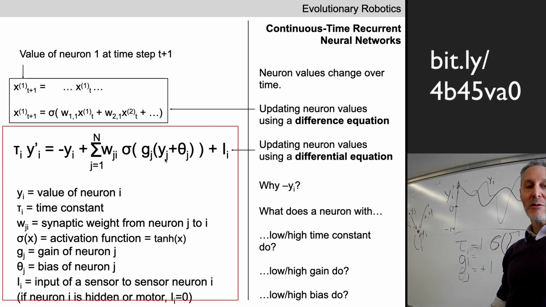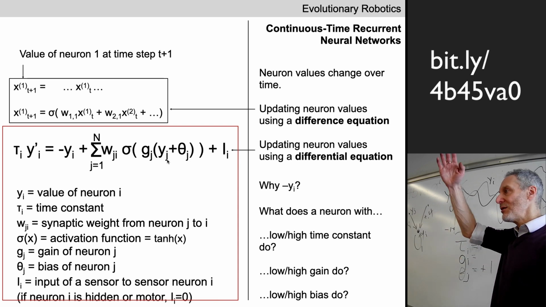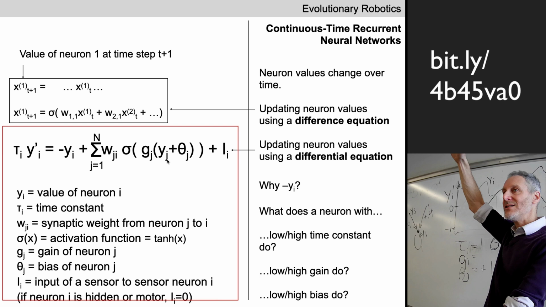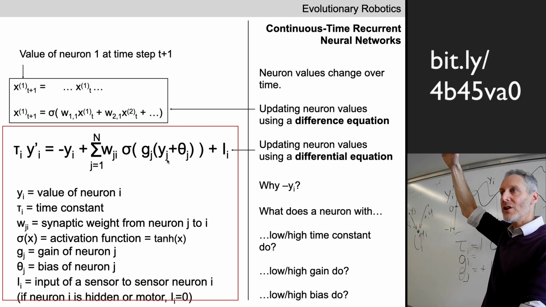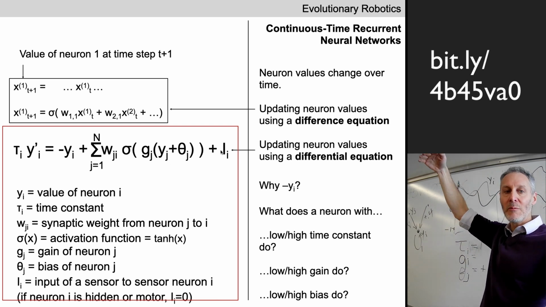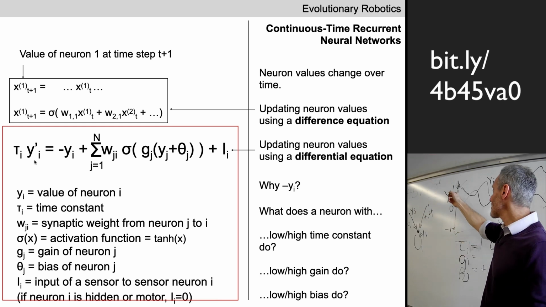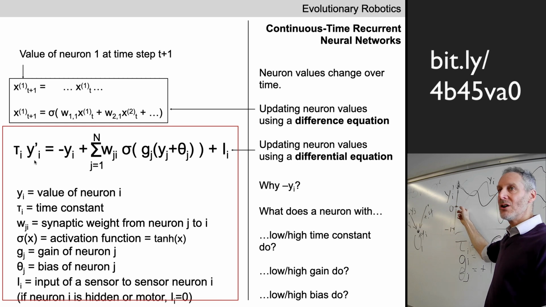We plug in the values of y sub j, the current values of all the neurons. At the first time step, the value of all 19 neurons is 0. They're all shut off, but there's some values coming in. So 4 of these 19 neurons start to diverge away from 0. How do they diverge away from 0?